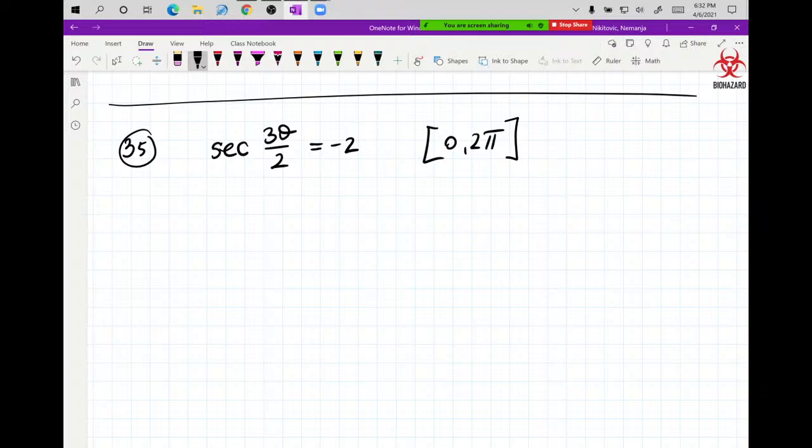They're all 0 to 2 pi. Come on, book. Yeah, it's lame. Oh, find all solutions, problems 11 through 24. Okay.